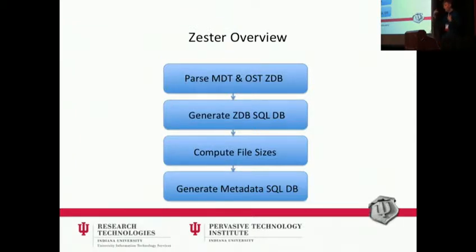We then go through those persisted ZDB, MDT, and OST databases to compute file sizes and assemble things. And then in the end, we generate a metadata DB that represents the state as we think Lustre sees it.